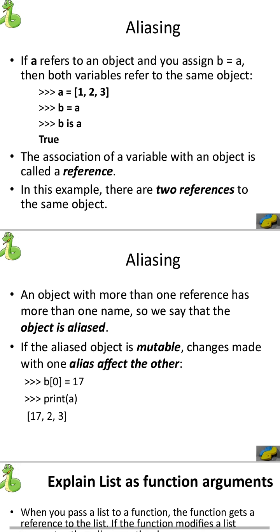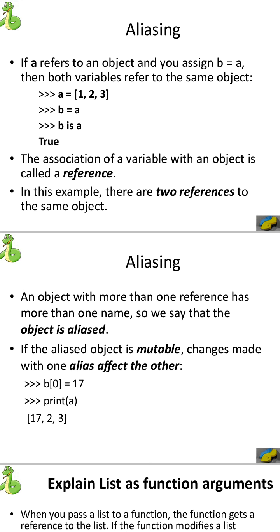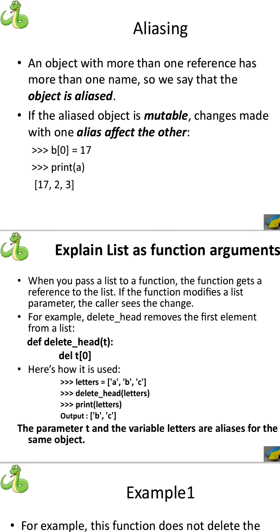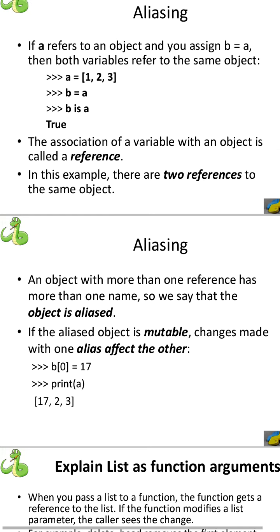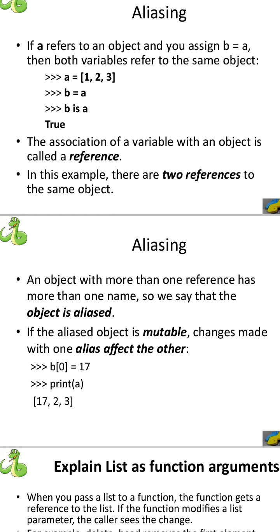Hence, whatever changes we make to the original list also apply to the alias variable. Again, if I say A equal to the list 1, 2, 3, and after that B equal to A, then if I set the index 0 value to 17, like B of 0 equal to 17, both A and B are referring to the same list with values 1, 2, 3, and I am overriding the 0th index value with 17.